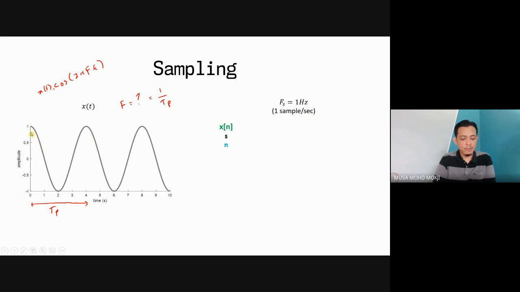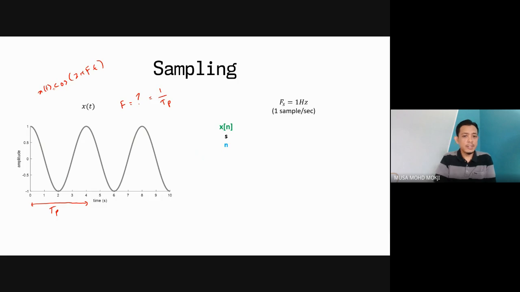Actually we have an infinite number of samples, and of course we cannot store this analog signal. If you want to store it in your PC or any storage device, you need to sample it.